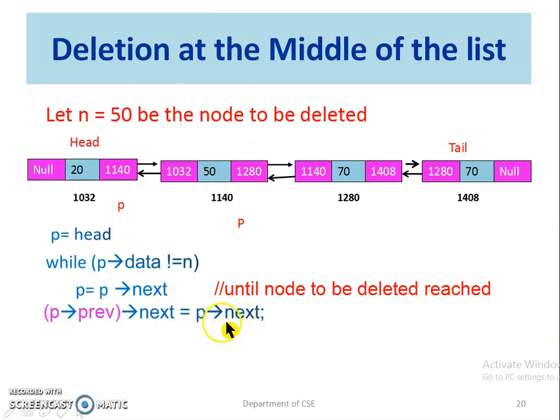In this example, currently p is the node at address 1140. That p.previous node is at address 1032. Hence, the next pointer of node 1032, which is 1140, is replaced with 1280, which is the address of p.next node.